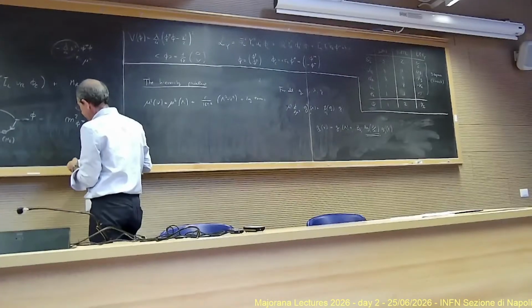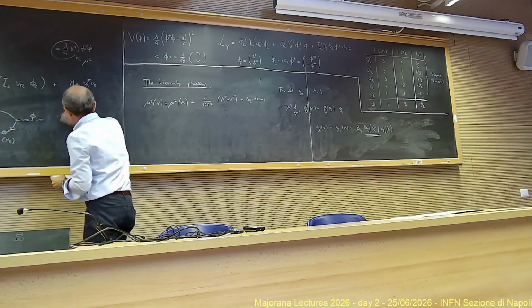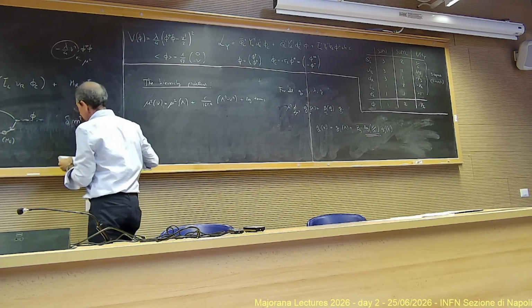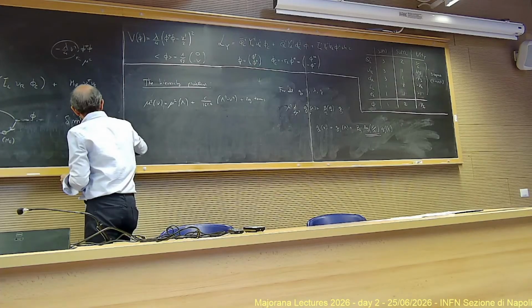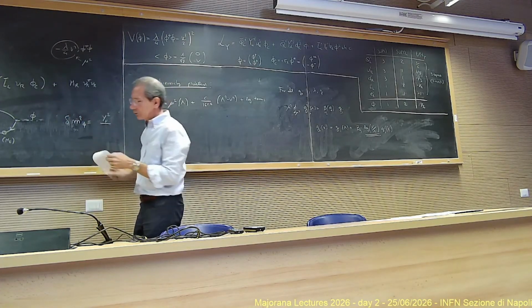So you get what we call just delta m squared phi, and you get something that goes like this. I do it just now for one generation.